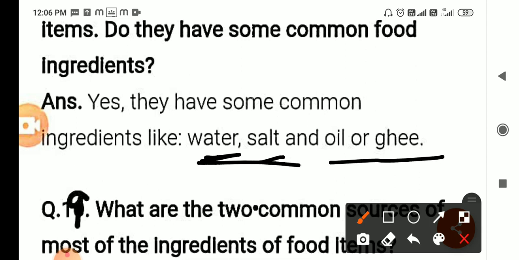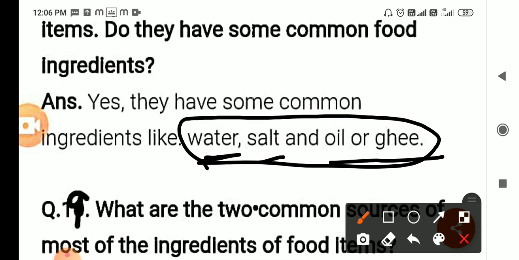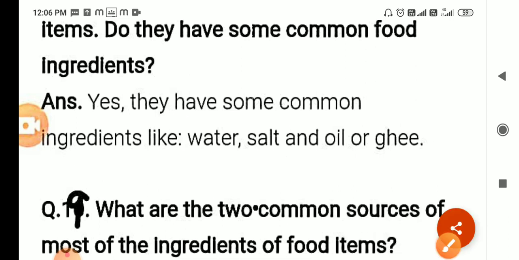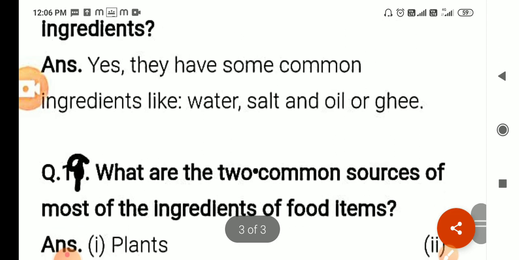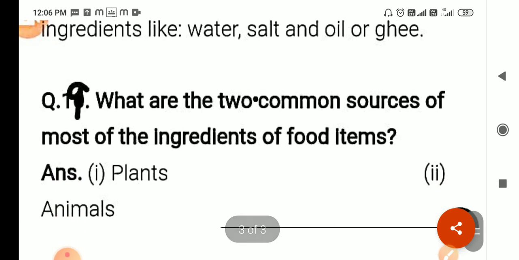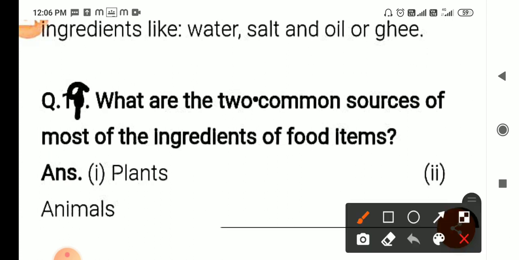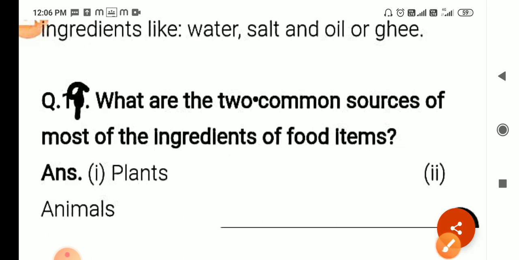These are the most common ingredients which we use in almost most of the dishes. Then next is, what are the two common sources of most of the ingredients of the food item? So we know all the food items we either get from the plants or from the animals, right? Then these are the 9 questions you will write in your notebook.